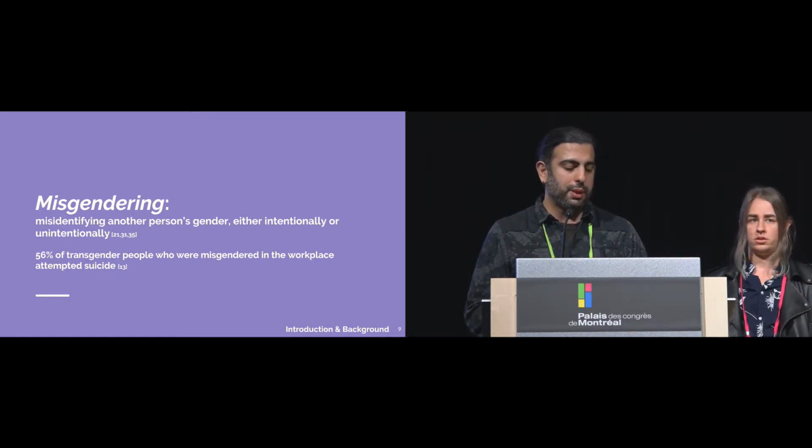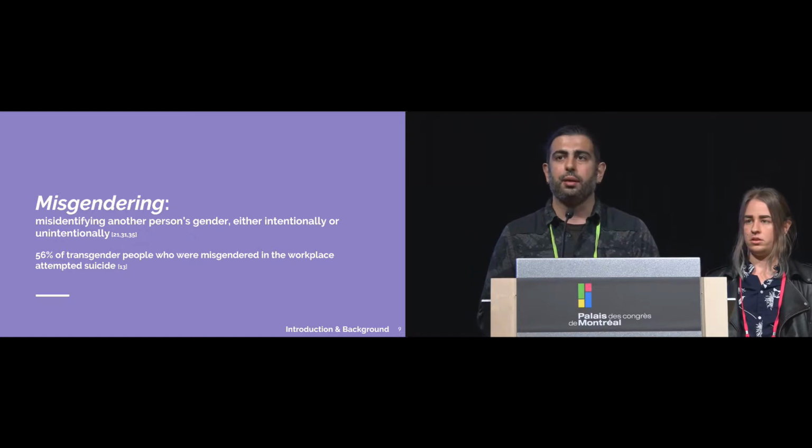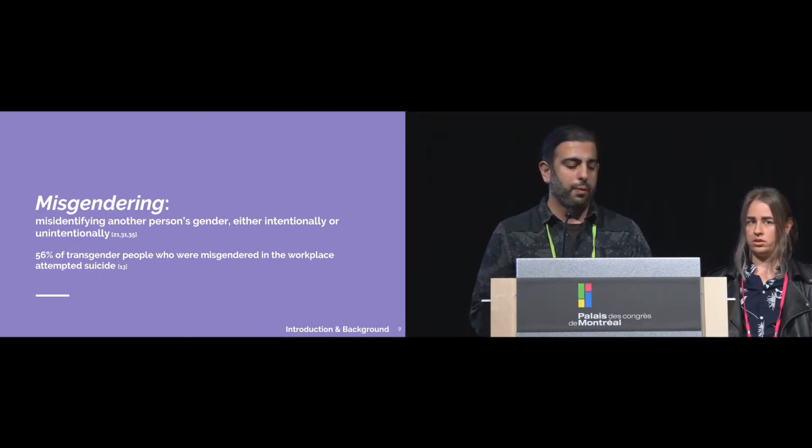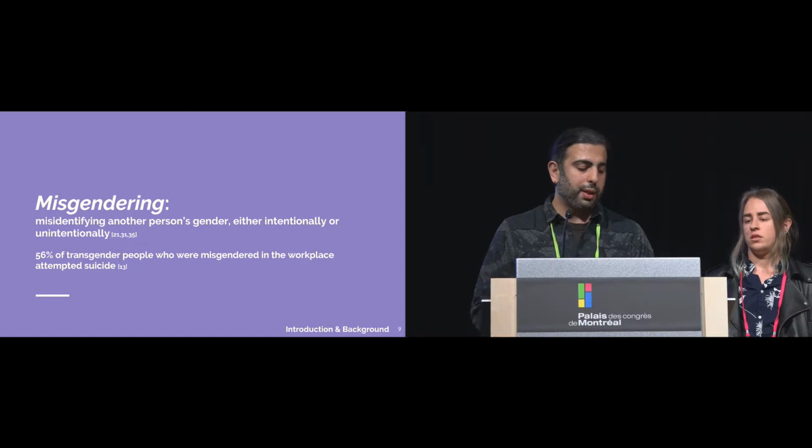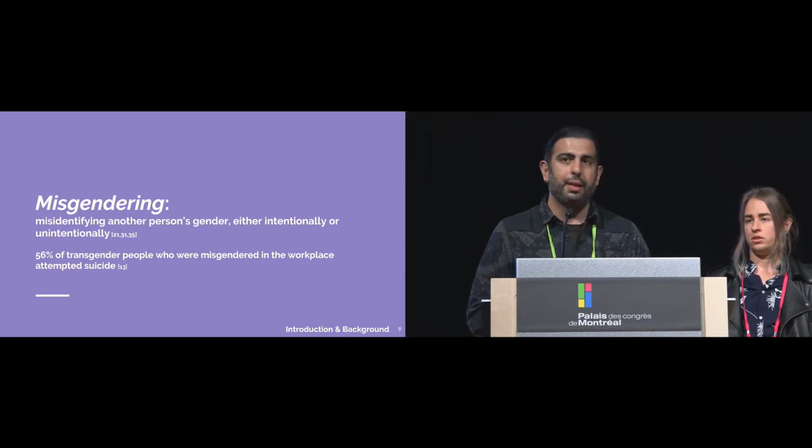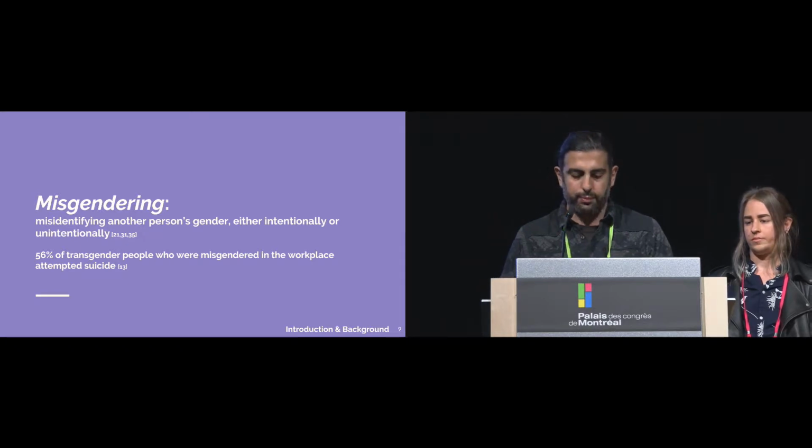Misgendering refers to the experience of misidentifying another person's gender, either intentionally or unintentionally. While this might be a very unpleasant experience for anyone, it's much more damaging for transgender individuals. It's reported that 56% of transgender people who were misgendered in the workplace attempted suicide.